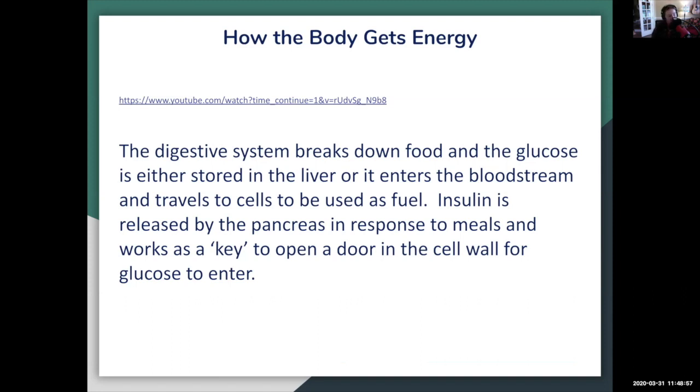Now, when the glucose is entering the blood from the gut, the blood sugar goes up, and that's a signal to the pancreas: it's time to make insulin. We need to push that sugar out of the bloodstream and into the cells so it can be used. Now, insulin kind of works like a key. It opens the door to these cells so that the sugar can get in, okay?